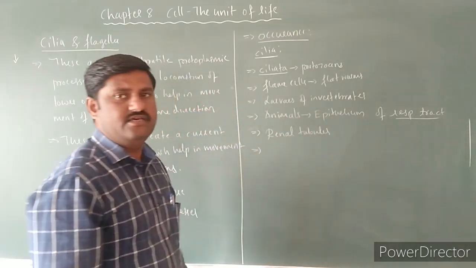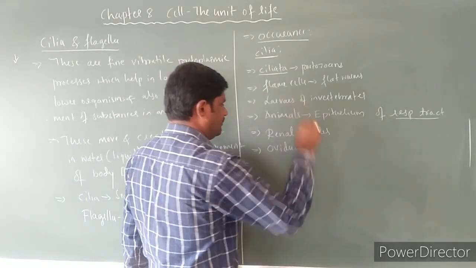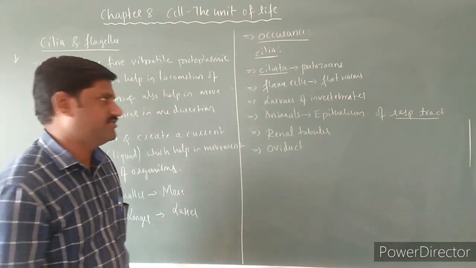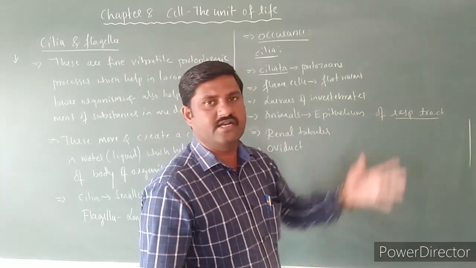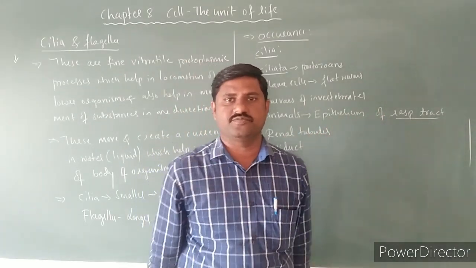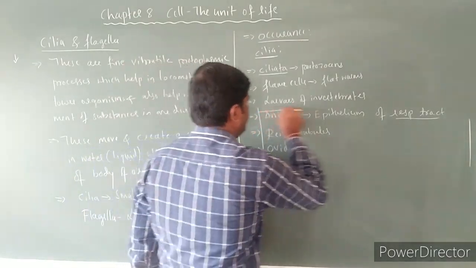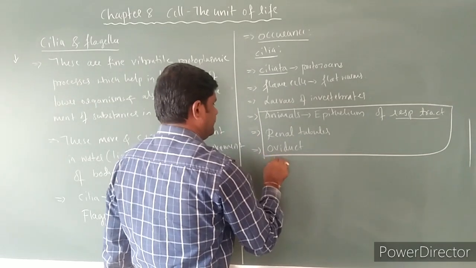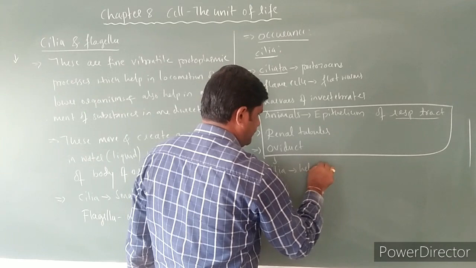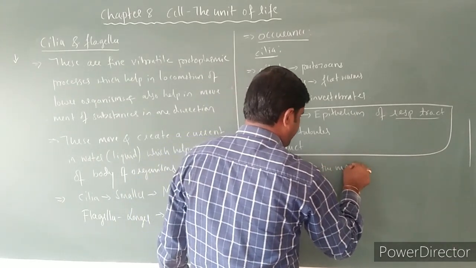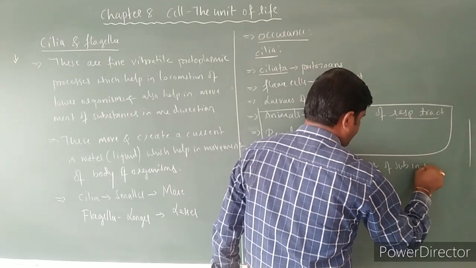They are also present in renal tubules along with the oviduct. So being in the oviduct, renal tubules, and respiratory tract, they help in movement of the substances in one direction. Being in epithelial tissue, these cilia would help the movement of substances in one direction.